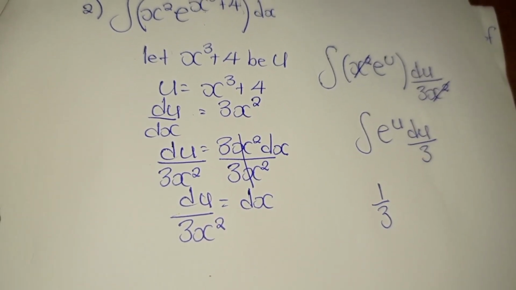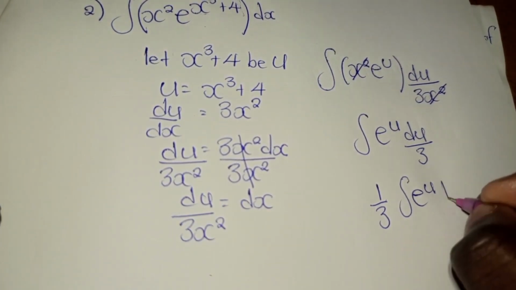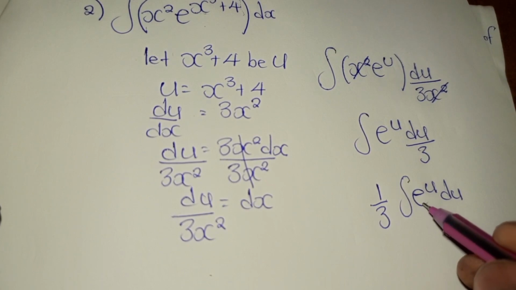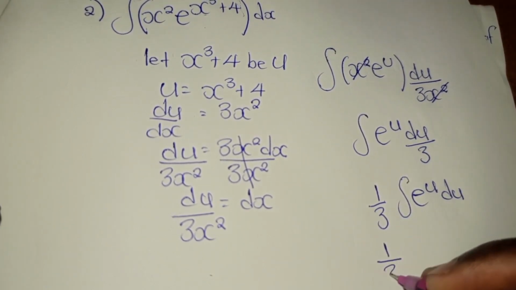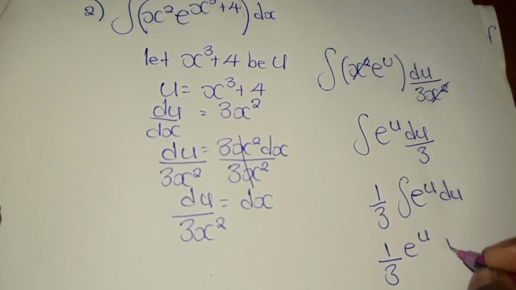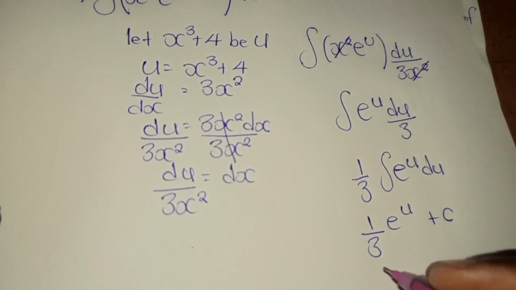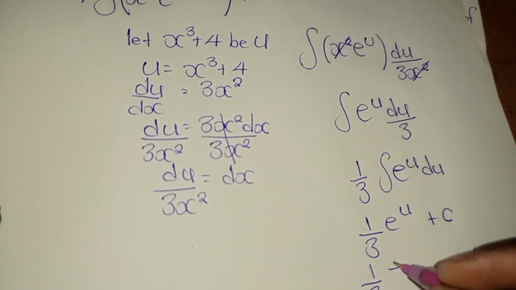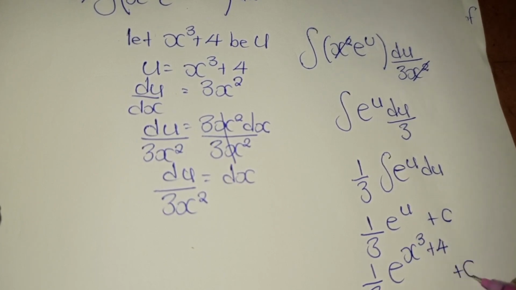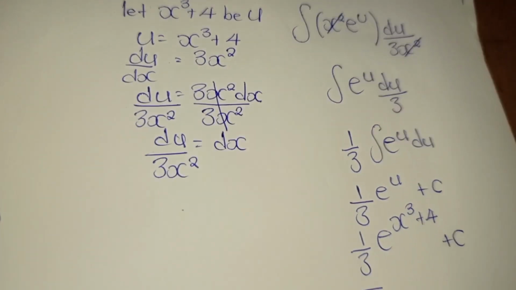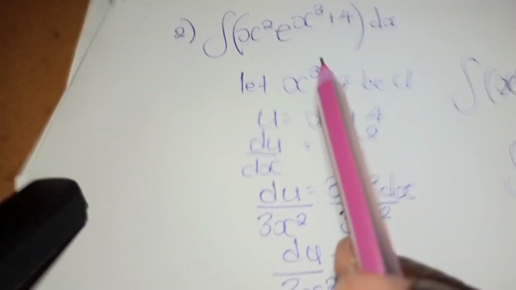Then from here we now have e to the power u du. Then you know the integral of e to the power u is the same as e to the power u itself. So we have 1 over 3 e to the power u plus the arbitrary constant, which is c. But remember, the u in this case was x to the power 3 plus 4. So this is the integral of the function we were given above.